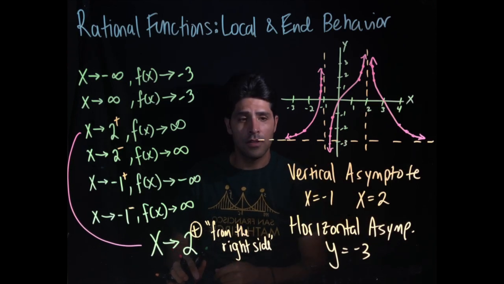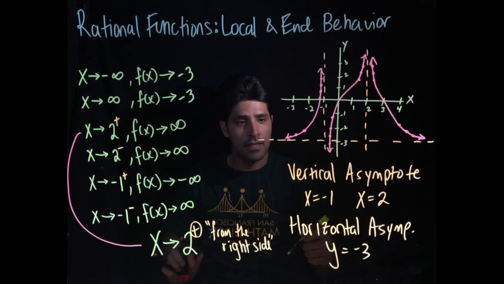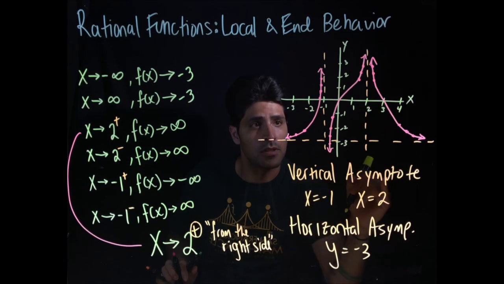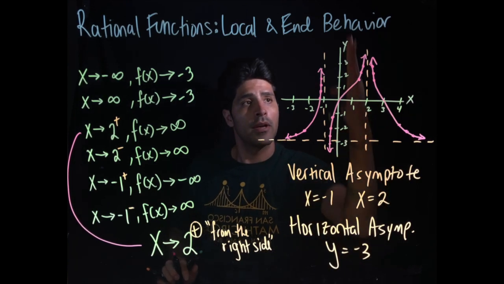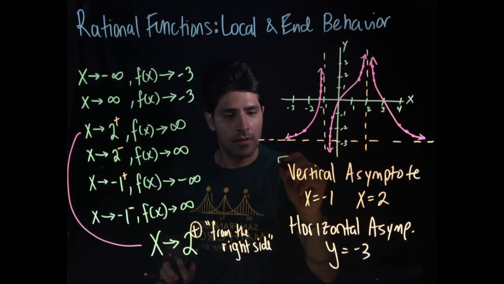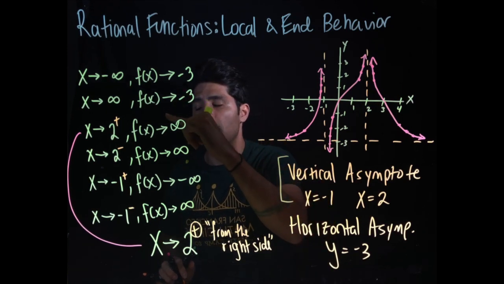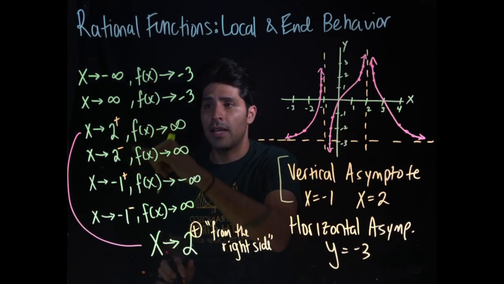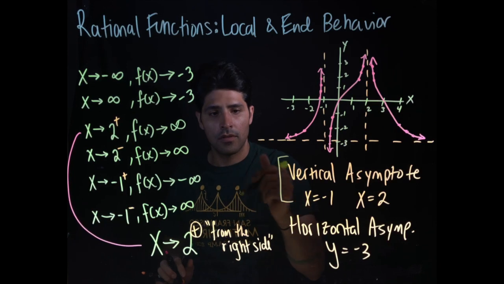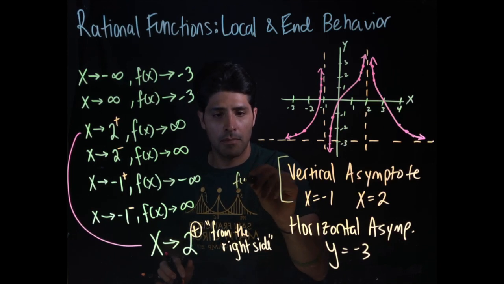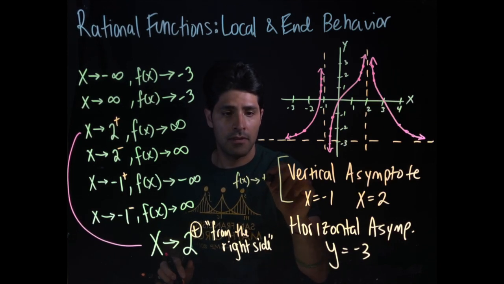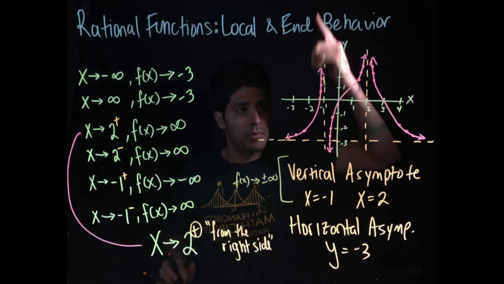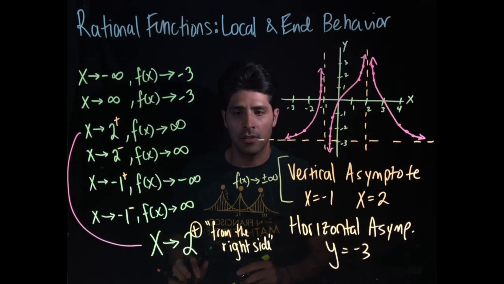And then the other thing to notice is that for vertical asymptotes, because your graphs are going to be going either up or down, your y values are going to be either approaching positive or negative infinity, because the graphs have to go up or down when you approach a vertical asymptote.